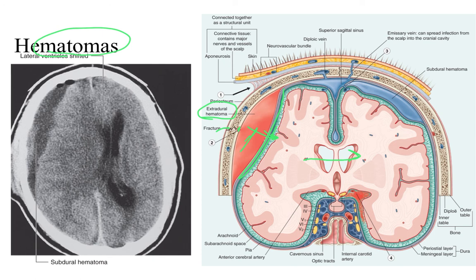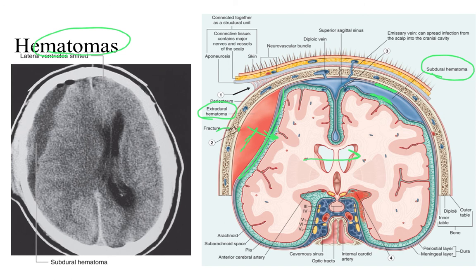All right, another type of hematoma is a subdural hematoma. So subdural hematoma means that it's going to occur between the dural layers. Remember, there are two dural layers. One is associated with the bone of the skull, and the other is associated with the arachnoid layer.